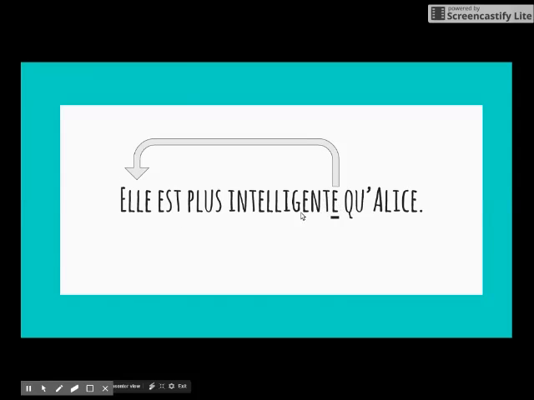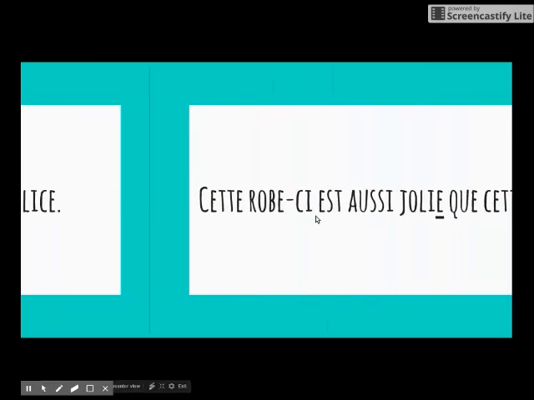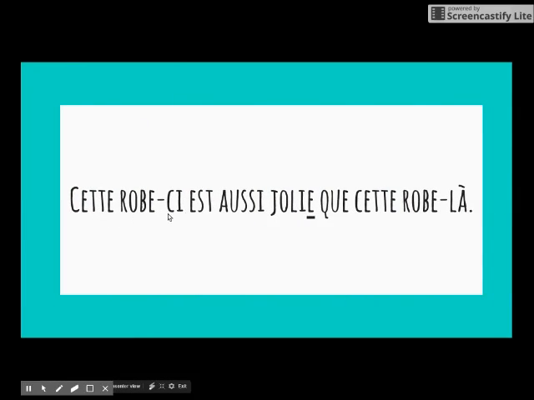Oui, intelligente, c'est féminin à cause d'elle, qui est aussi féminine. Cette robe-ci est aussi jolie que cette robe-là. Jolie, on ajoute E à cause de cette robe. Robe féminine, on utilise E.